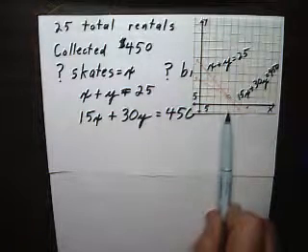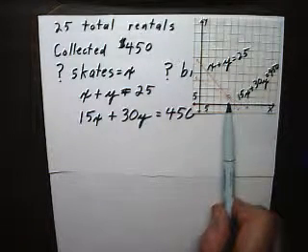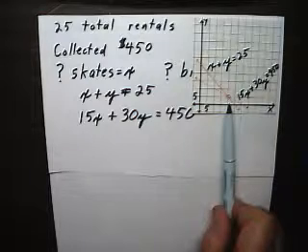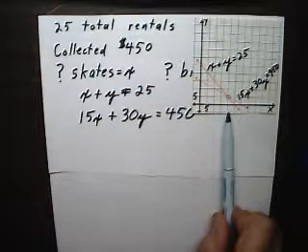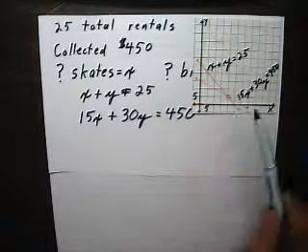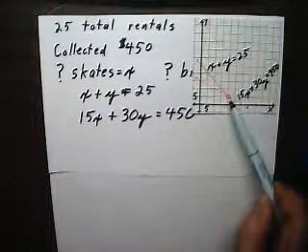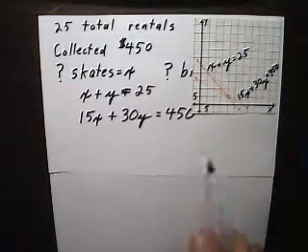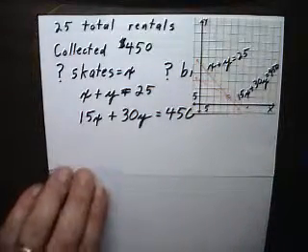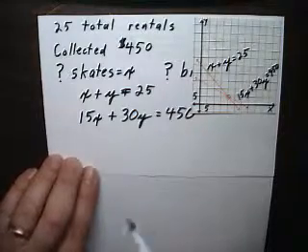And the solution is right there. At that point where they intersect, the x is 5, 10, 15, 20. So the x is positive 20. And the y, it goes up 1, and 1 is 5. So the solution is x equals 20, y equals 5.